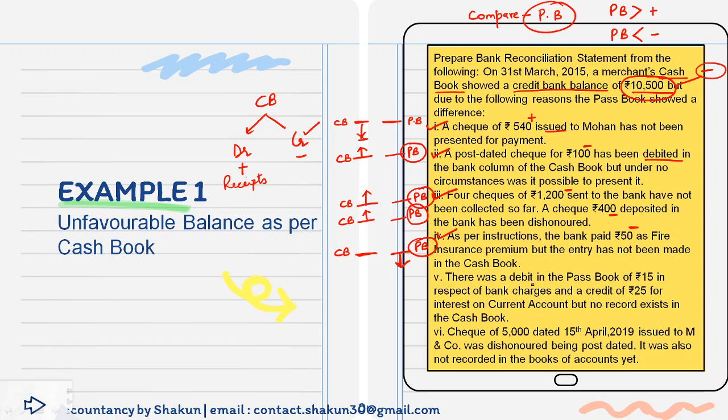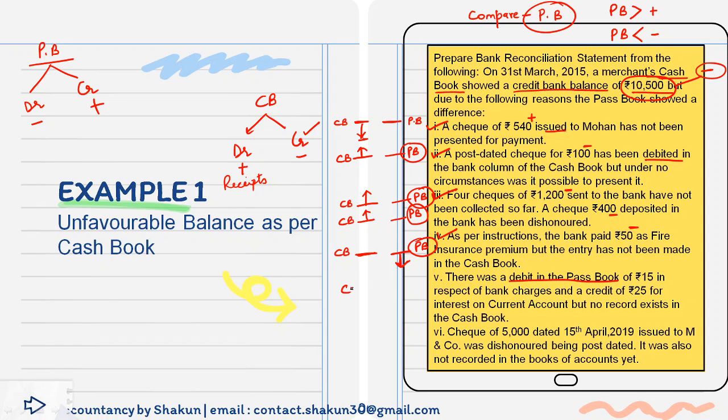Coming to the fifth one. There was a debit in the passbook of 15 in respect of bank charges. Debit in the passbook. What does this mean? It should be absolutely clear to you that since in case of cash book, DR means plus, in case of passbook, DR means minus and CR means plus. It is always the opposite. So there was a debit in the passbook of 15 in respect of bank charges.